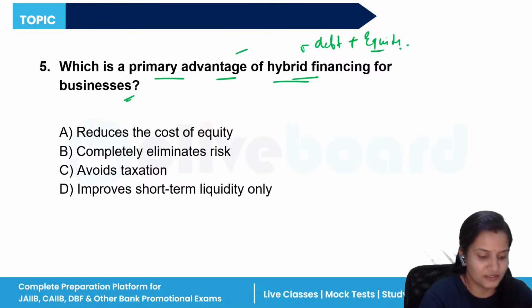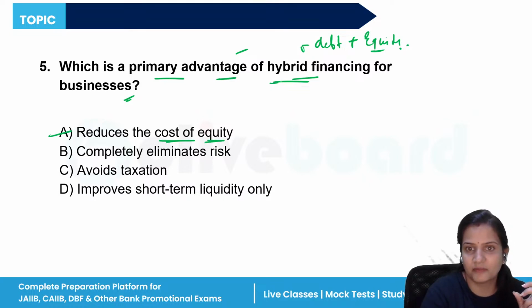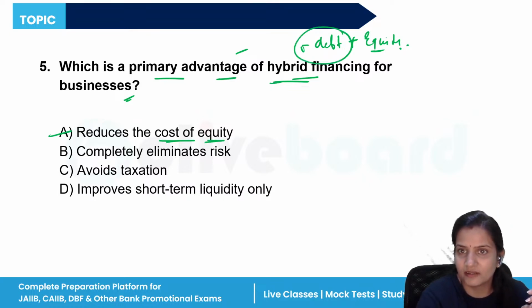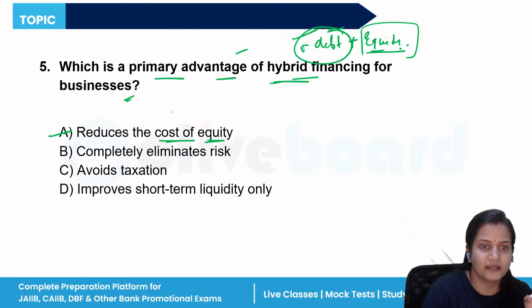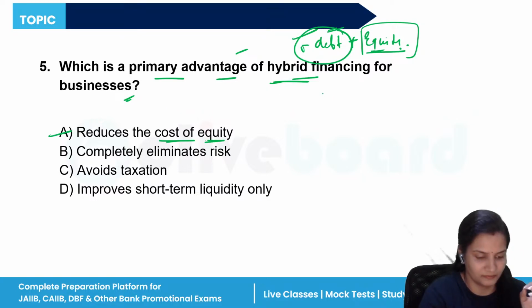So its advantage is what? Yes, correct. It will reduce the cost of the equity. This is the basic advantage of hybrid finance, because there is a composition of debt as well as a composition of equity. If debt is also included, then ultimately it will reduce the cost of the equity. Clear?